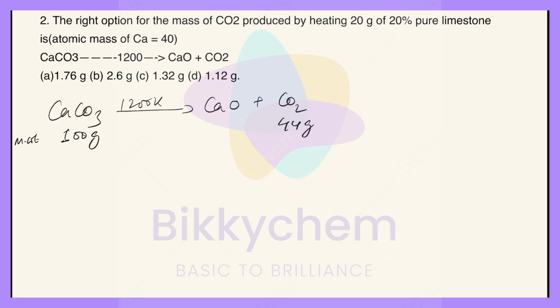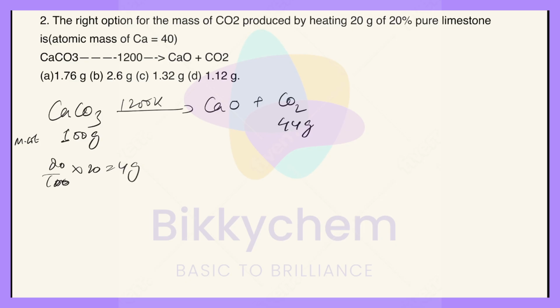So 100 gram of CaCO3 gives 44 gram of CO2. Here 20% of 20 gram of pure limestone will be 20 divided by 100 into 20, which is equal to 4 gram.